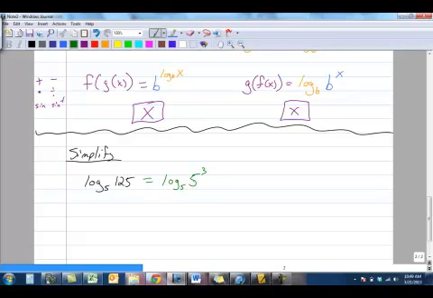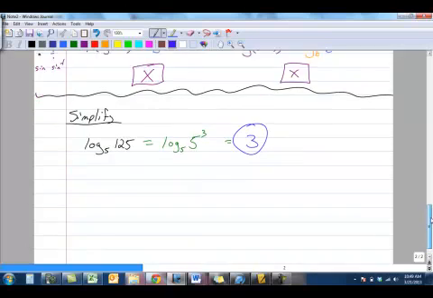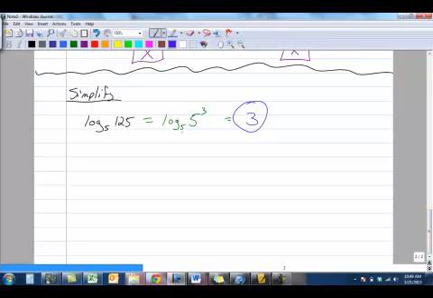Log base 5 and base 5 cancel each other out. And what are we left with? The answer is 3. You with me on that? Don't worry about why or anything else. Just log base 5 of base 5, those cancel, and we're left with just 3.